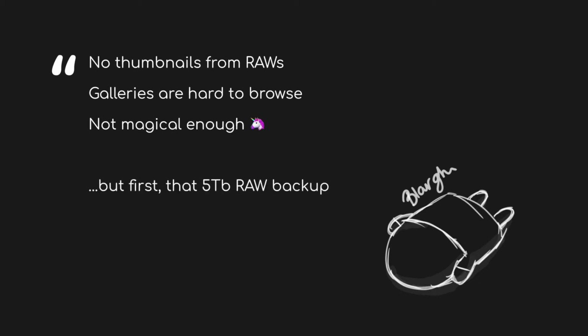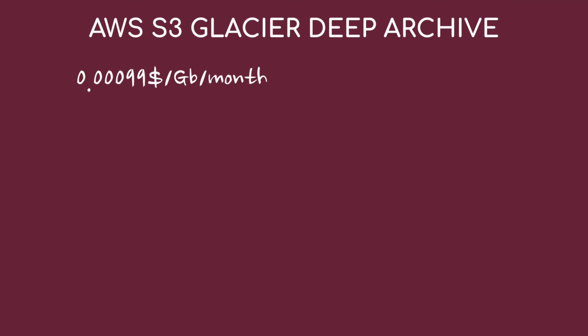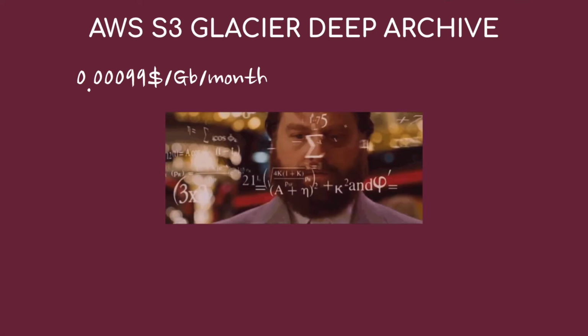But first, solving the 5 terabyte storage issue. So we have these 5 terabytes of raw files that we really need to have backed up somewhere. Luckily, there's a Glacier Deep Archive storage tier on S3, so that's quite a lot cheaper than regular S3 storage.